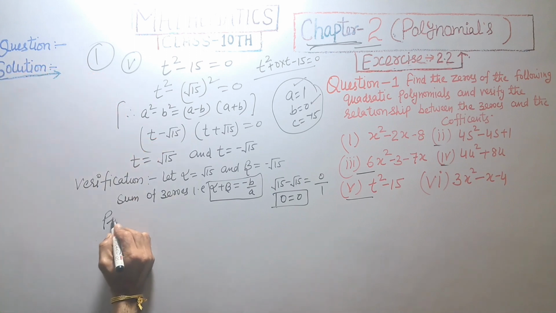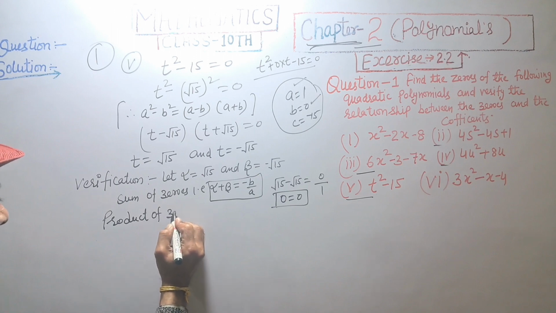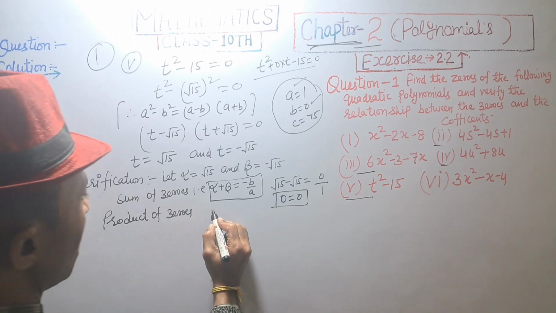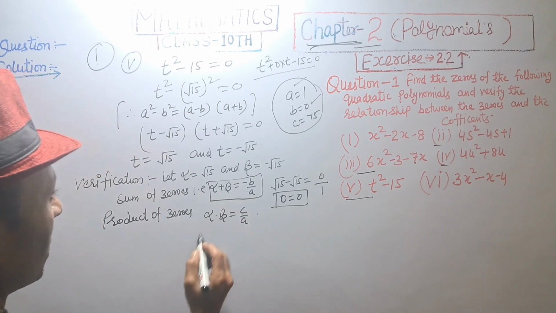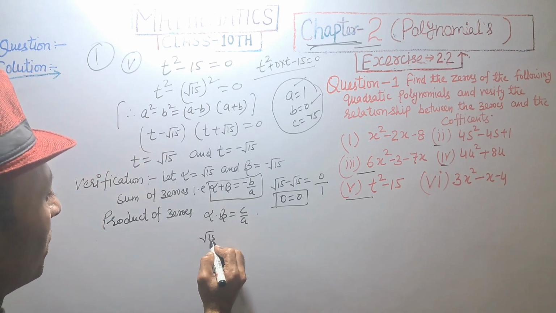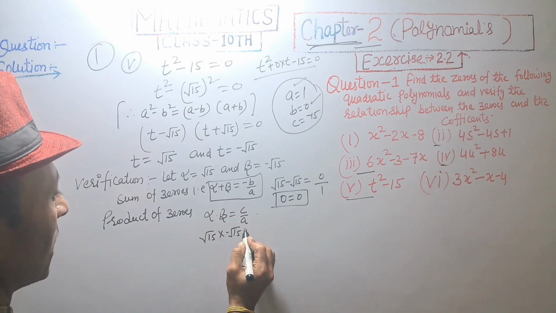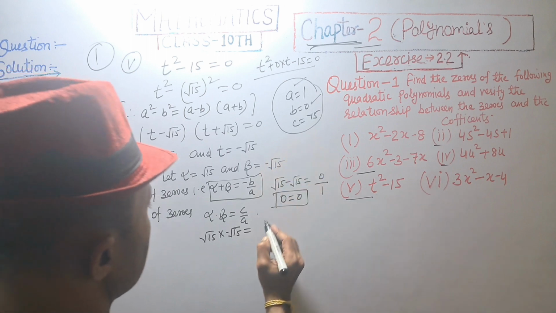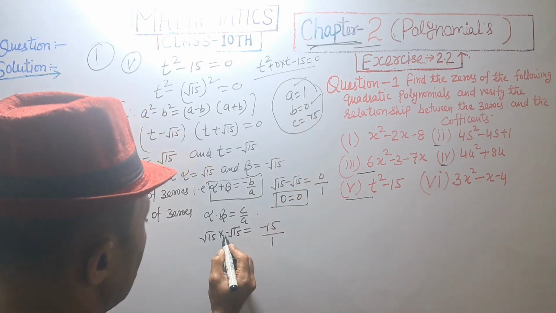And product of zeros, alpha into beta equal to c upon a. Under root 15 into minus under root 15 equal to, value of c is minus 15 and a is 1.